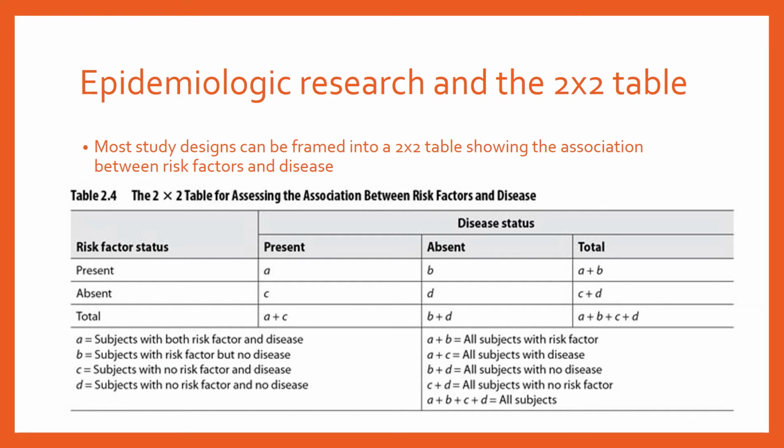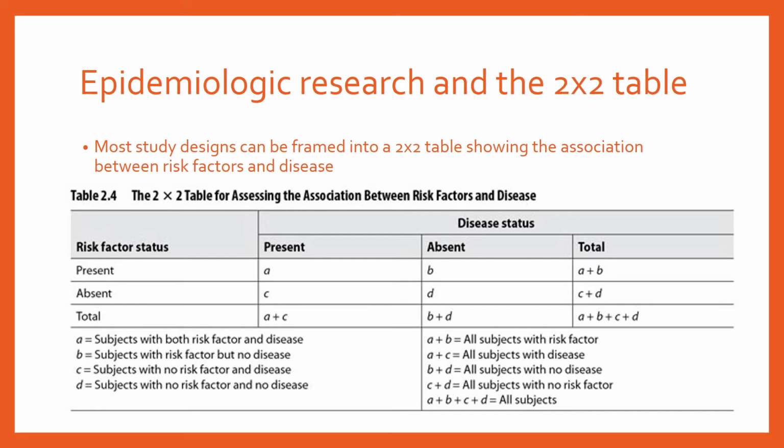Okay, so if you like math, you're going to like this. If you don't, it's very simple, so you'll still be fine. But this is from your textbook, and this is called a 2x2 table. What this does is it allows for the calculation or the quantification of how much risk goes along with a risk factor.